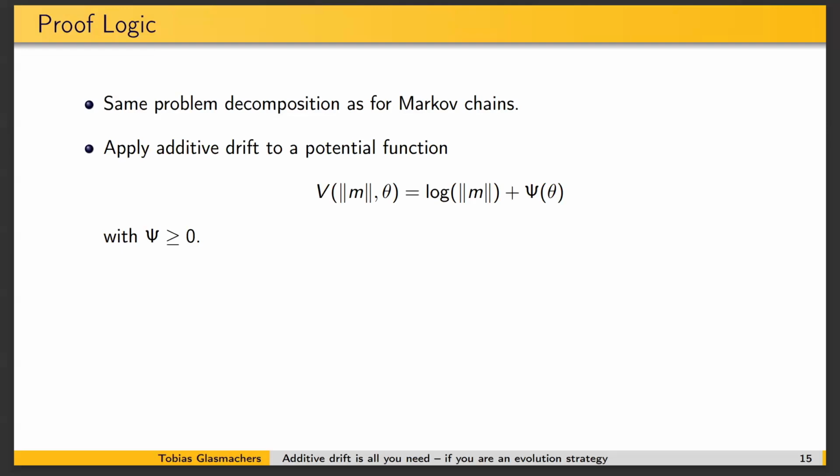And in our case, it depends on these two components in a very simple way. Namely, we have the log distance to the optimum. So this is the thing I told you that will decay by a constant in every iteration if we have linear convergence. So that's kind of set because that's the behavior we want to describe.